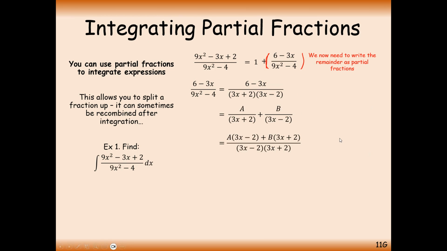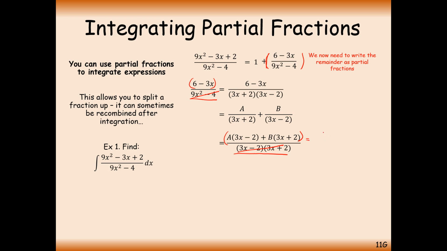We're going to pretend that we are cross multiplying. At this stage, we know the denominator here is the same as the denominator here. Therefore, this numerator must be the same as this numerator. We can ignore the denominators and just put them aside for now and multiply out the numerator here.